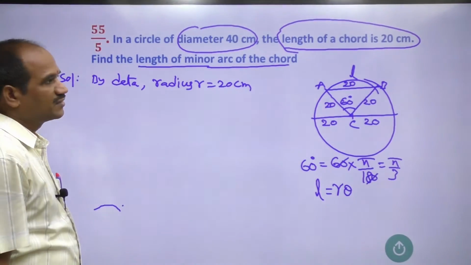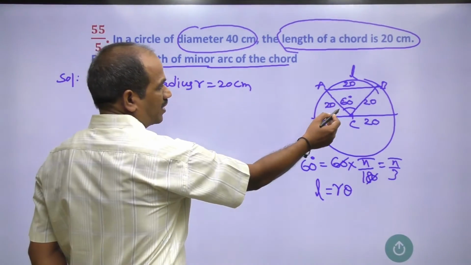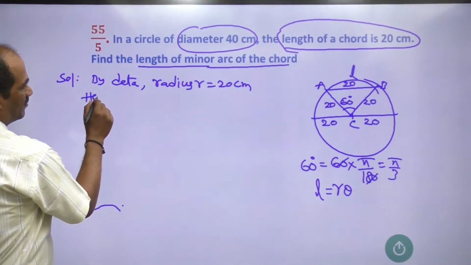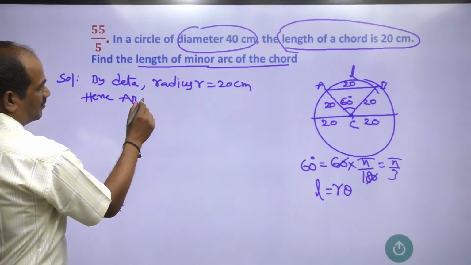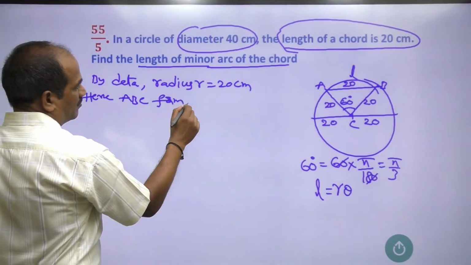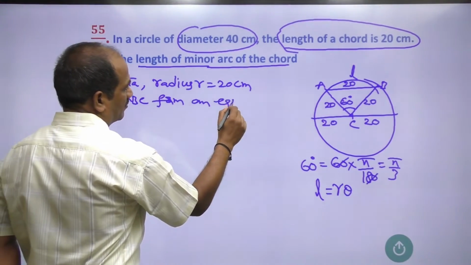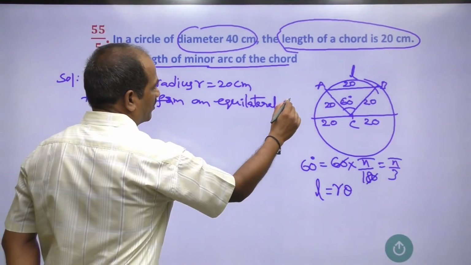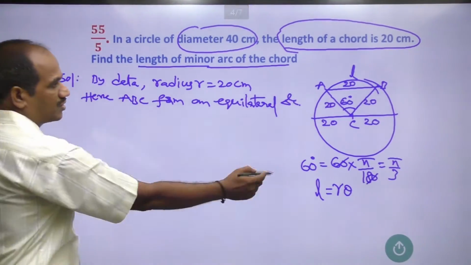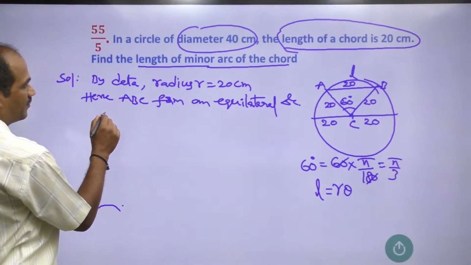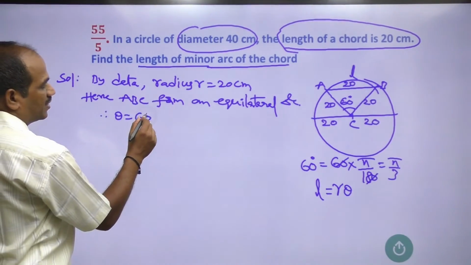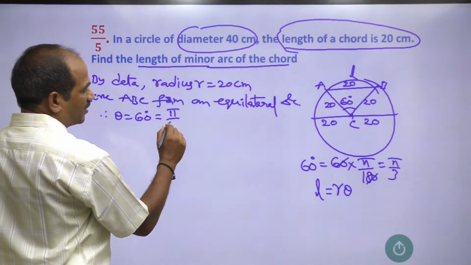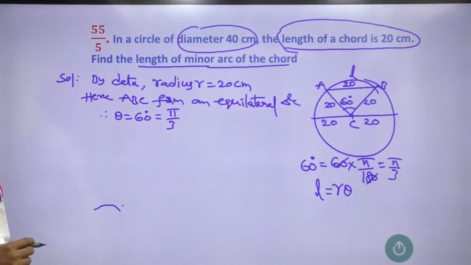Next, the subtended angle theta: ABC forms an equilateral triangle. Therefore theta is equal to 60 degrees. In terms of radians, 60 degrees is equal to pi by 3 radians.